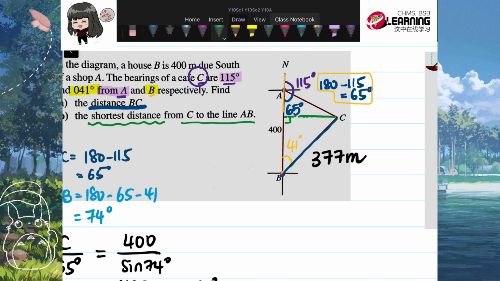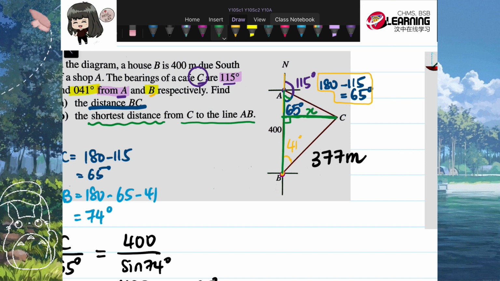The length from C to here is the shortest, compared to other lengths like this, to the line AB, which are all longer. The shortest we can find to connect to the line AB is this, so this is the line we're going to find.